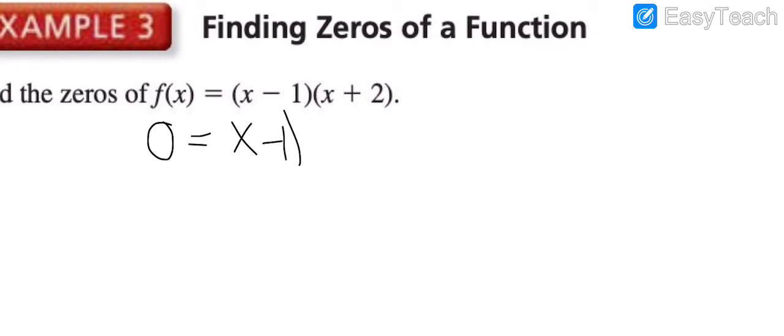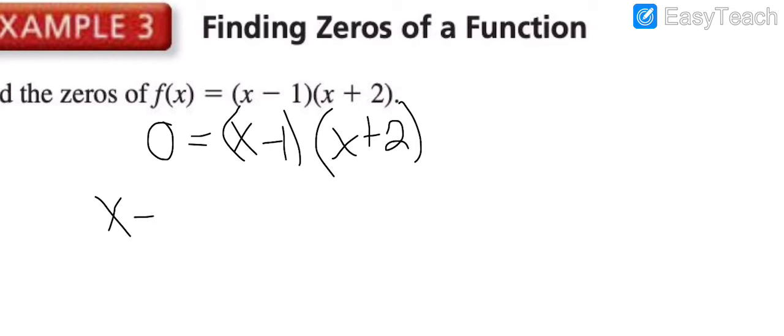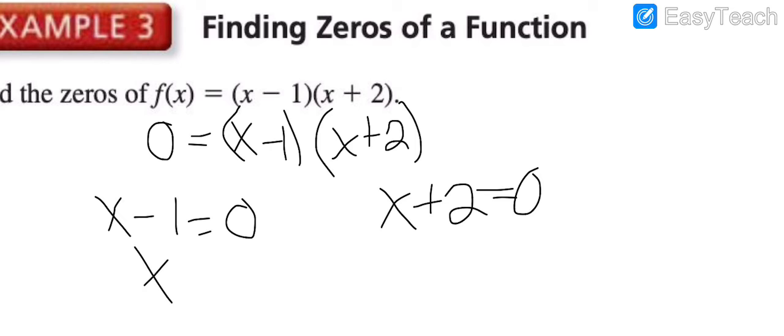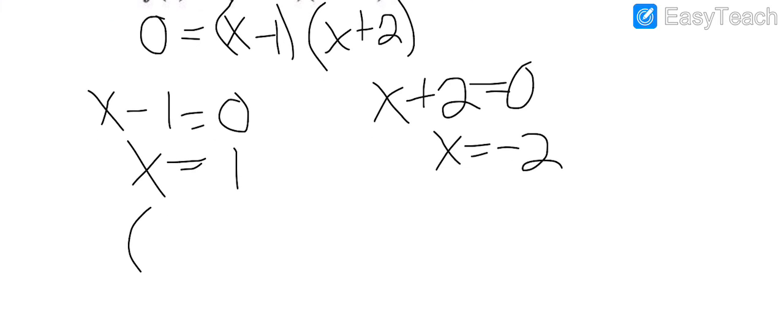And technically, you guys have already done this because this is what we did last chapter when we were solving equations. We know that 0 times anything is 0, so we can set both of these equal to 0. And we'd be able to solve for x equals 1 or x equals negative 2. What this means is that we would have one of our intercepts at (1, 0) and one of our intercepts at (negative 2, 0).